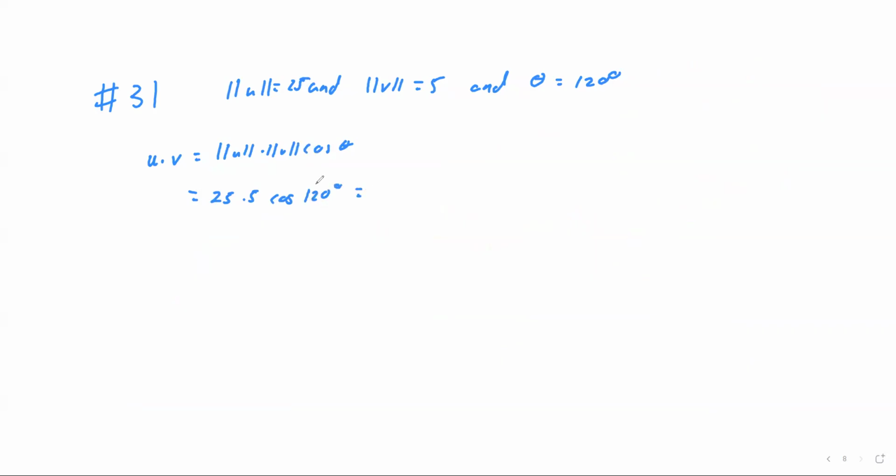Let's see, do they want the exact? Nope, they do not. So we can just type it straight in. That'd be 25 times 5 times cosine of 120 degrees. We get this answer right here, negative 62.5.